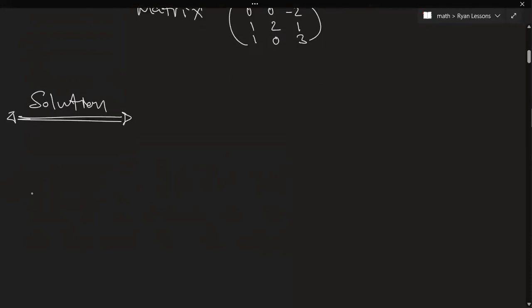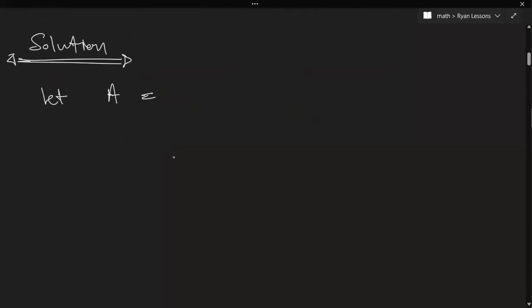Let's give our matrix a name. We'll call this matrix A. So let A be our matrix: 0, 0, -2, then 1, 2, 1, and 1, 0, 3. Let's recall, how do we actually find eigenvalues?